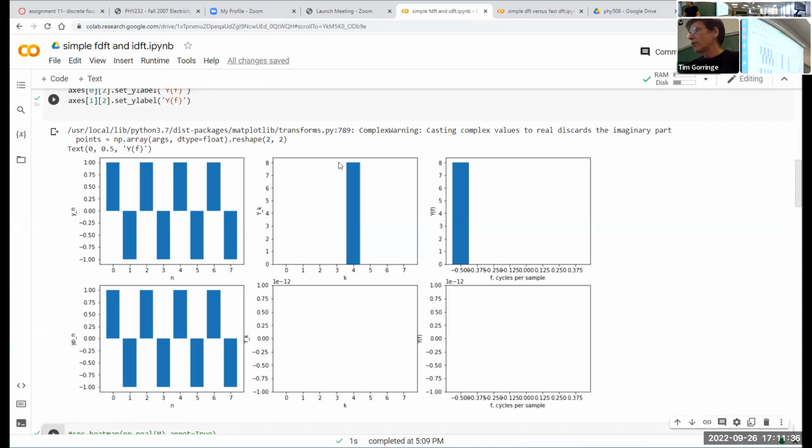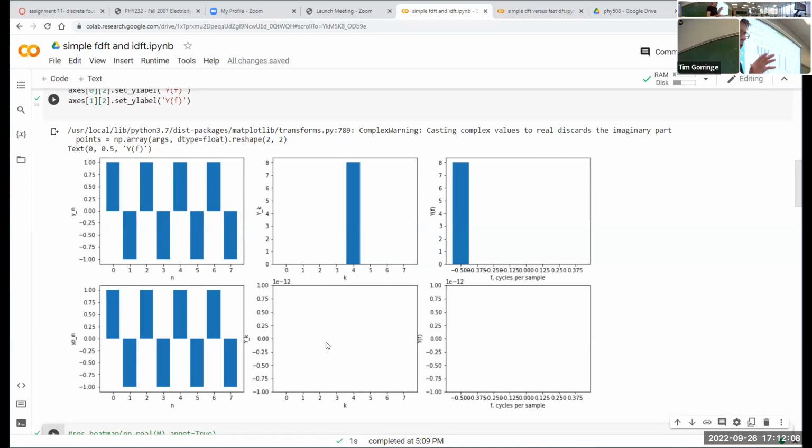This top plot in the middle is the real part of uppercase Y, and this lower plot is the imaginary part.